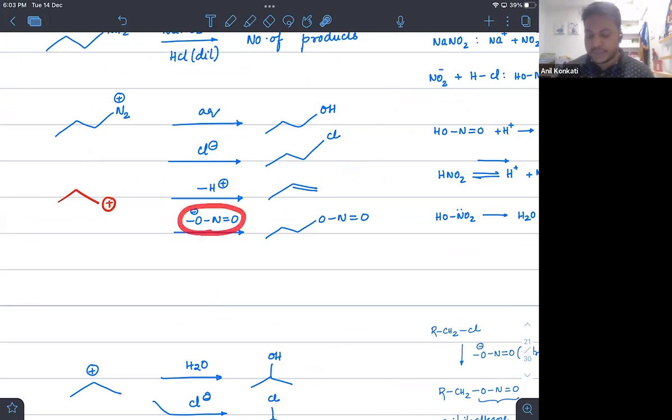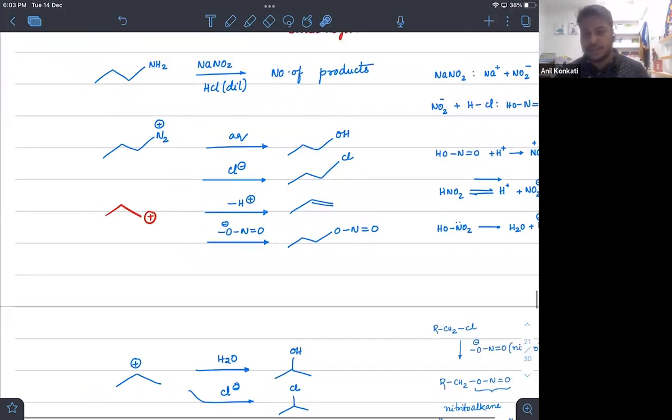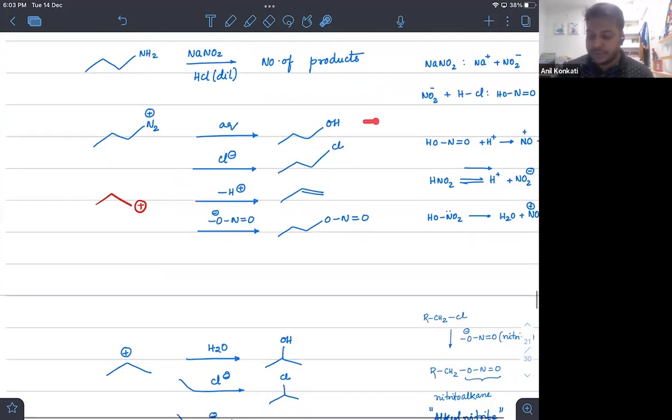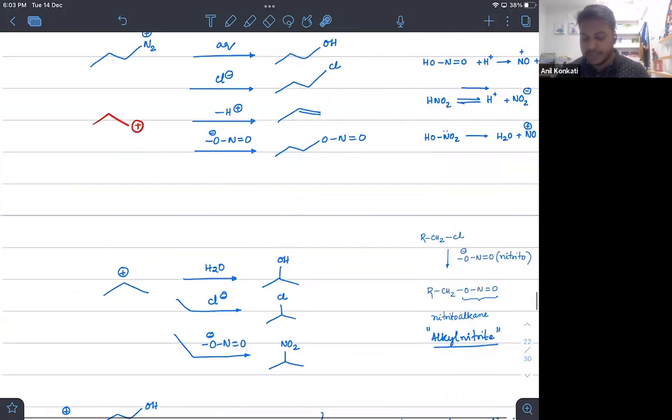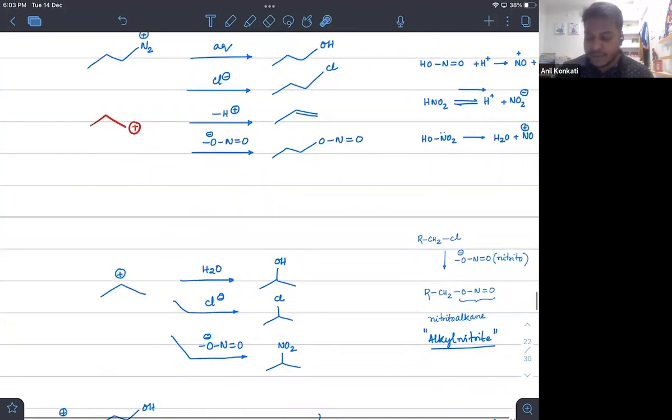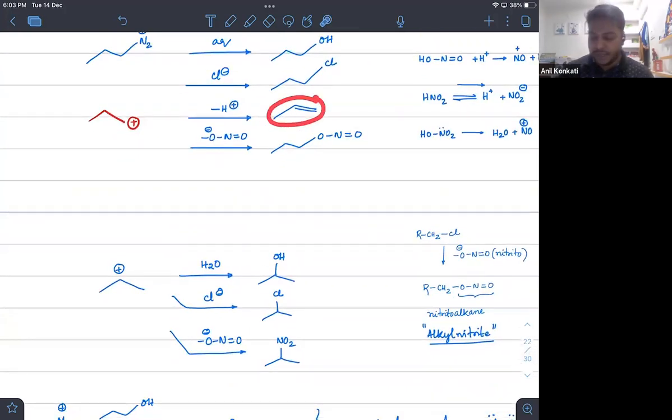NO2 minus is also present, so it can form nitrito, an alkyl nitrite. So these four can be formed again with the same positive charge on the secondary position. This is repetitive, so I'm not writing it here.